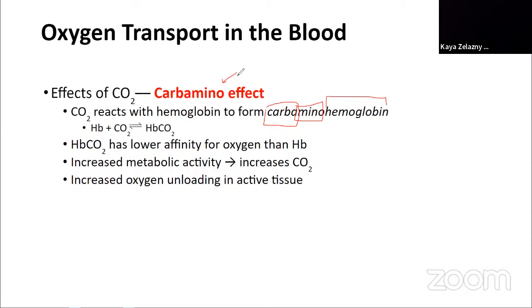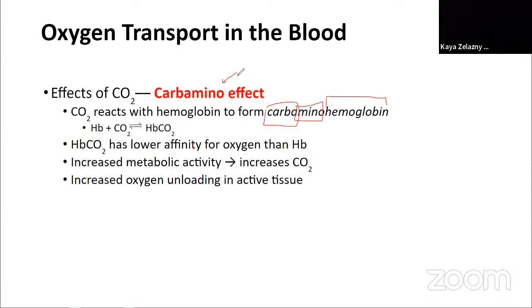Now, this is useful for us because of the effects at that tissue end, right? Our active tissue is producing carbon dioxide as a byproduct. We want to breathe off that carbon dioxide. So when we have increases in metabolic activity, we're increasing the CO2 at the tissue. And this is going to work by that process of mass action as well, right?